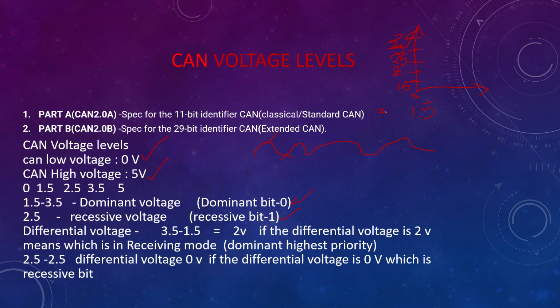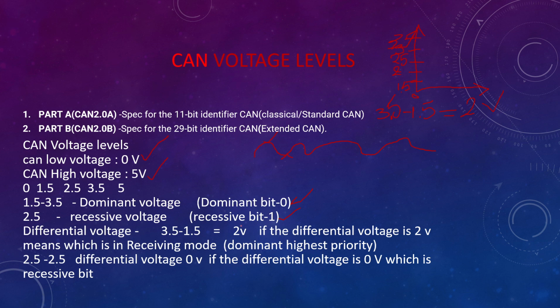The differential voltage is nothing but the high voltage minus the low voltage. The highest voltage is 3.5 here, so 3.5 minus 1.5. What is the differential voltage? It is 2 volts. So 2 volts is the dominant voltage here.